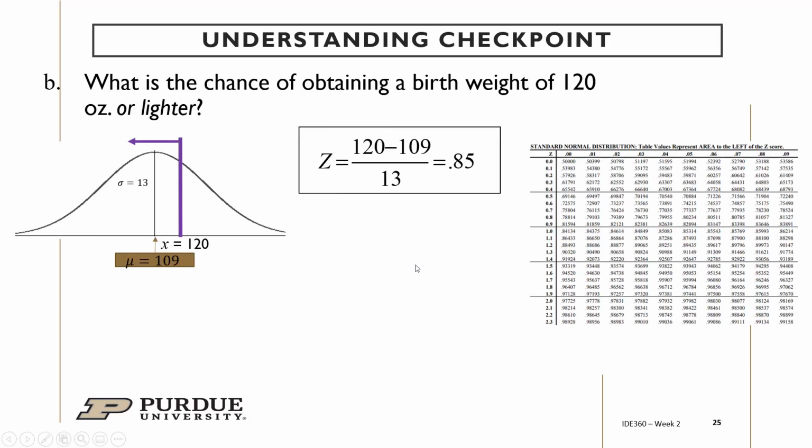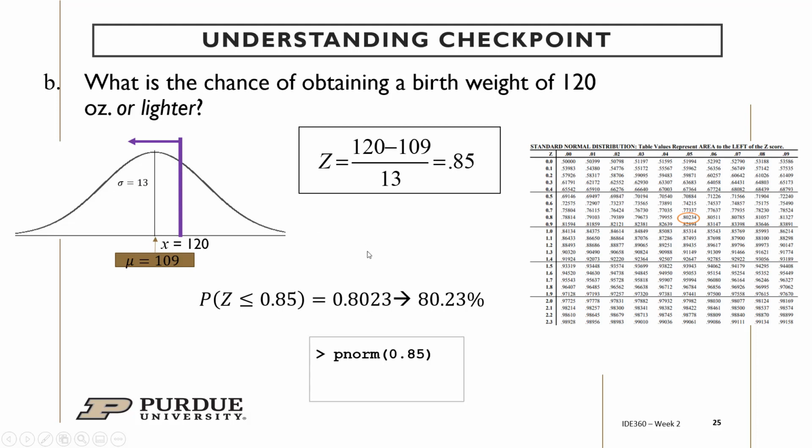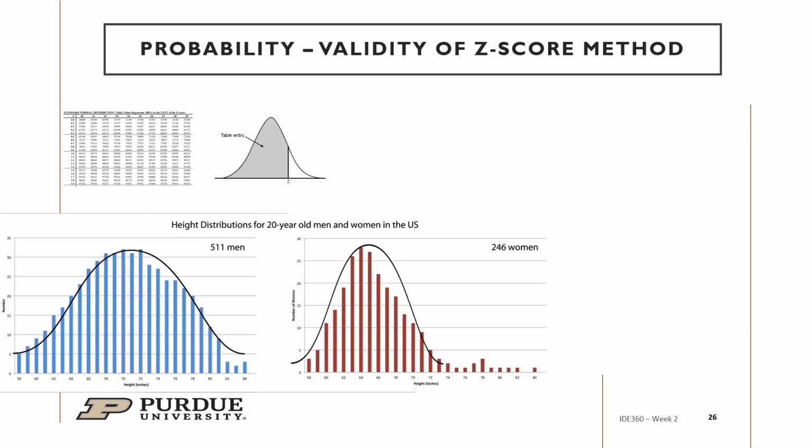Same thing, we calculate the z-score. 0.85 is located in this row, in this column, so we check 0.8023. That is our probability, because we care about everything lighter, or up to that point. And in R, we will calculate it this way. So 80.23% is the chance of getting a birth weight of 120 ounces or lighter.